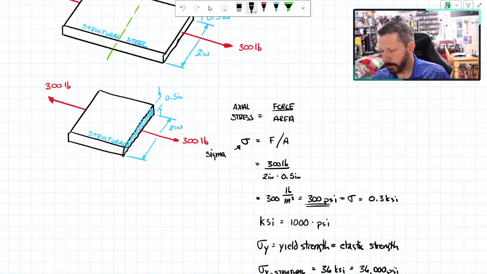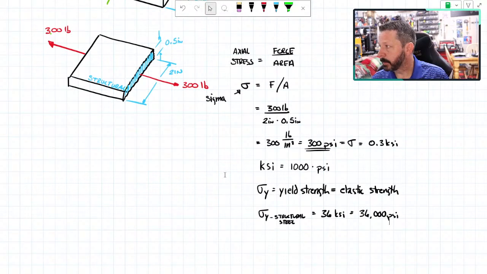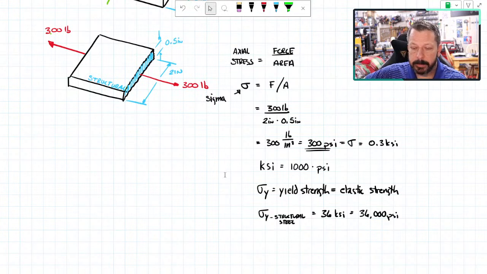We have applied 0.3 KSI, and it has to get over 36 KSI, 36,000 PSI, before it even begins to yield. So we are nowhere near yielding this little block of metal. We could make it much, much smaller and still have plenty of room to add more force or whatever.